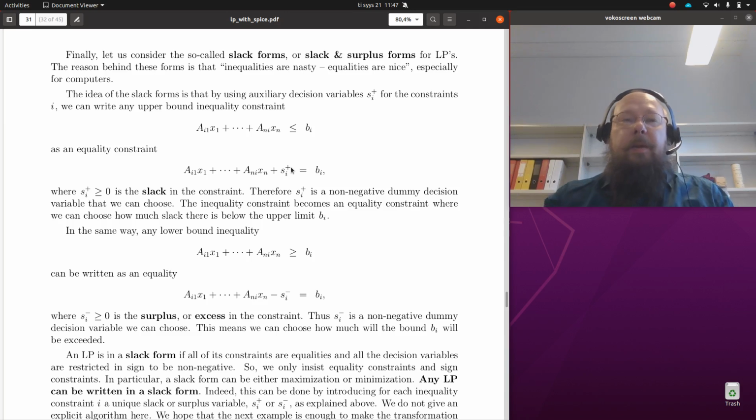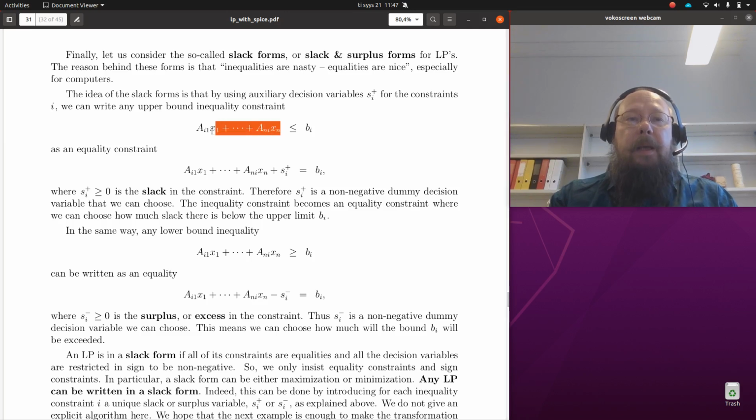This plus actually refers to the fact that we have an inequality like this here. So if this is true, and I add to this thing some positive number, I call it s_i plus, then it turns out to be an equality. Okay. And formally, these are the ones I choose. And not only formally, this is precisely what happens.